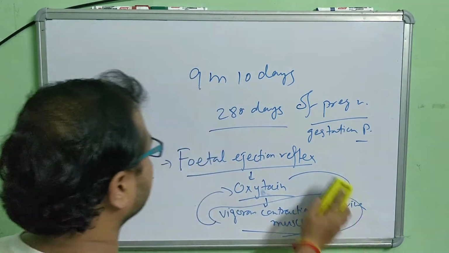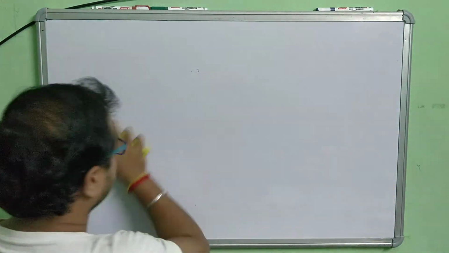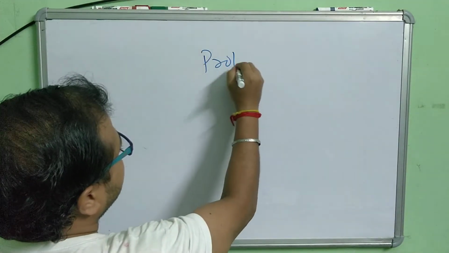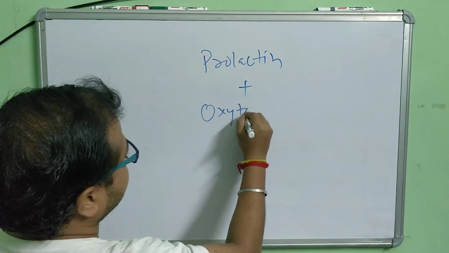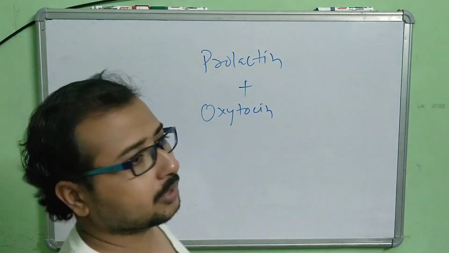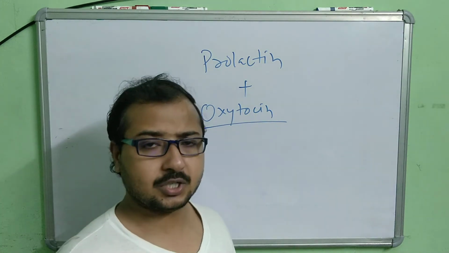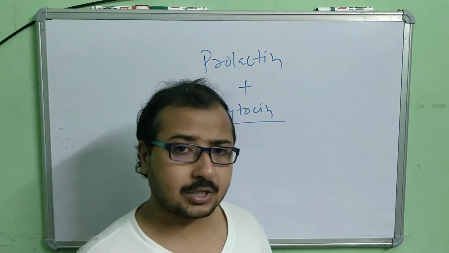The hormones mainly responsible for the production of milk are prolactin and oxytocin. These are the two hormones that mainly trigger milk production in the mammary gland of the mother. That is called the lactation period.